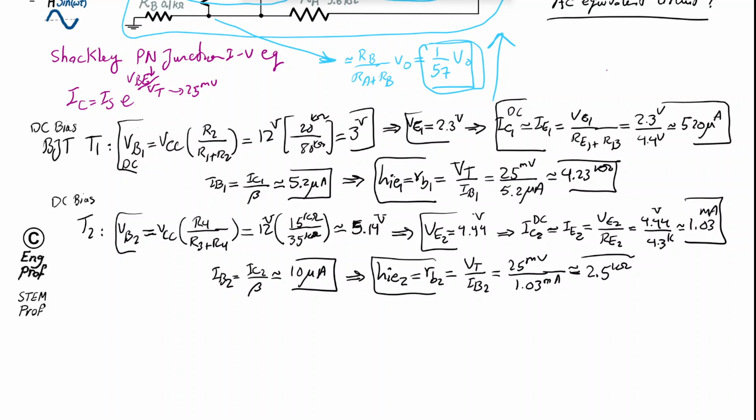Just to make sure I'm not missing something, sorry, 25 kilo ohm. So we found, my bad. I just jumped, it's 10 microamp, so I need to put 10 microamp here and it's 2.5 kilo ohm. Okay, so 10 microamp for IB2, which we found. Okay, 2.5 kilo ohm. So that's the HIE and RB2.